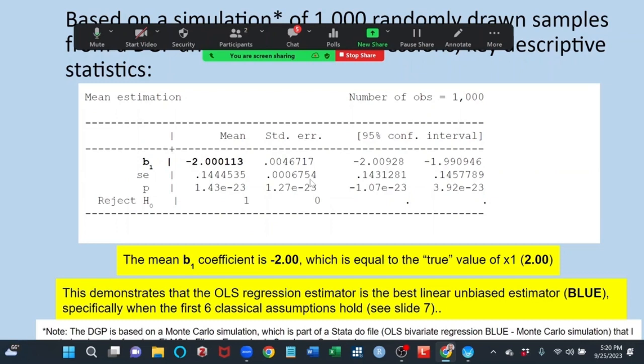Again, it's not 0, right? That's proof that it's not 0, even with 1,000 sample draws, right? Okay. And we reject a null. We rejected a null because 1 is not 0, so we rejected a null, right? Okay. Any questions about that?